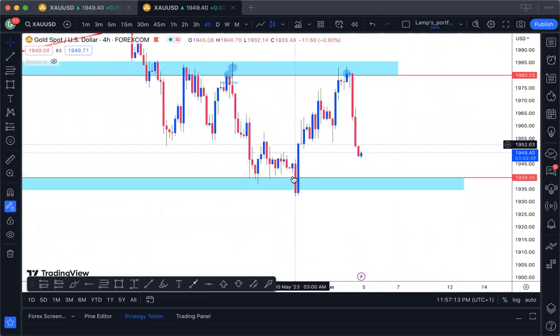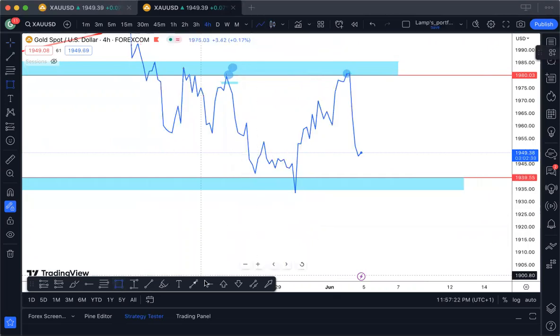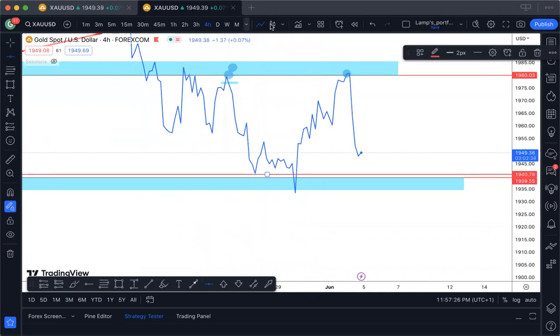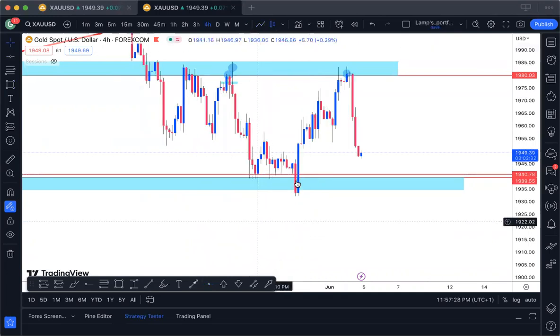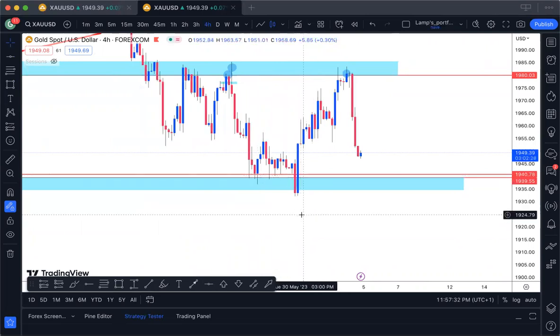So this is a strong buy bias, right? Now, the next major setup, if you take it to the line chart, we have this QM level here. Above this red line, it's a QM level, right?